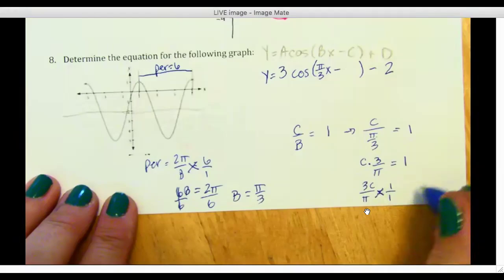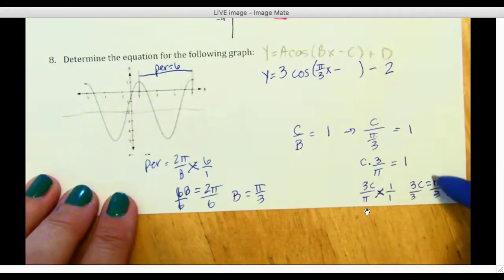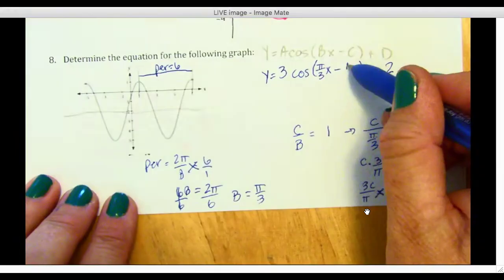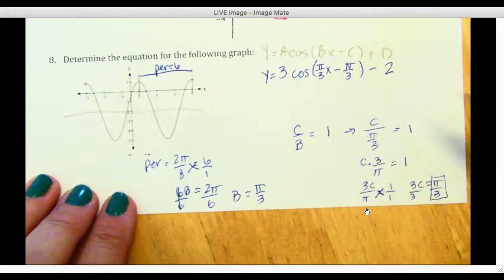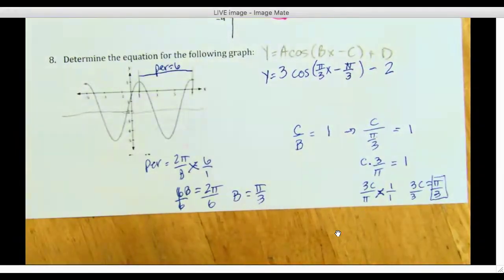You can cross multiply. 3c equals pi. So dividing by 3, c equals pi over 3. So minus pi over 3 here for my phase shift. And that brings us to the end of this first section in chapter 6.